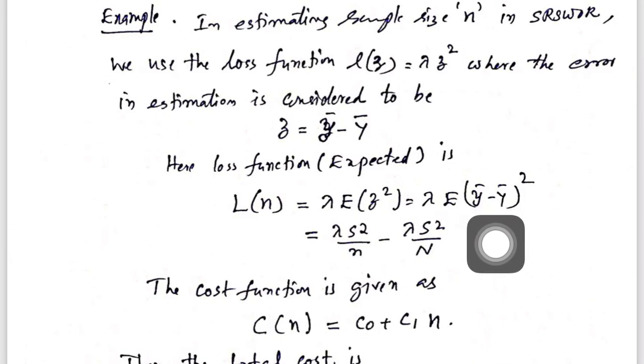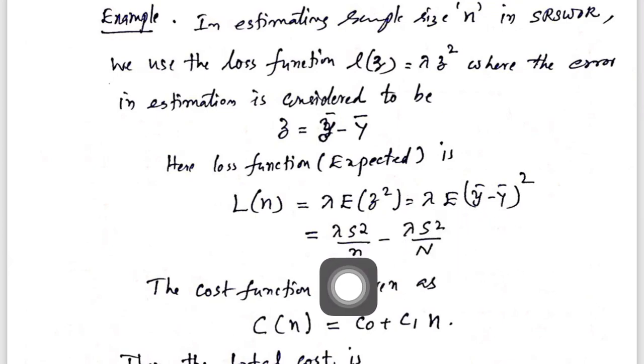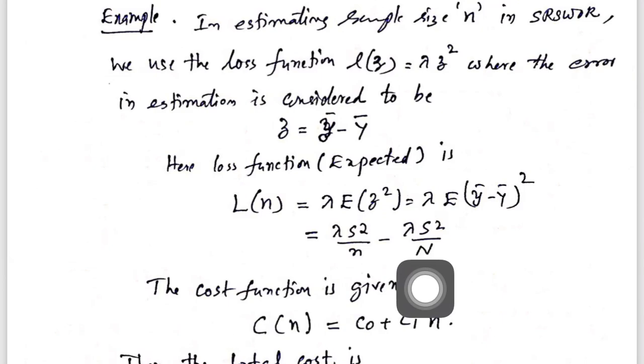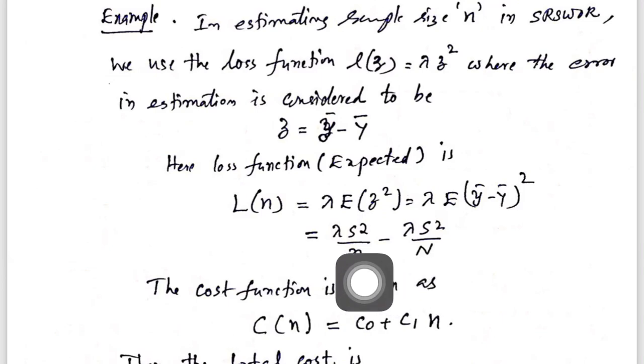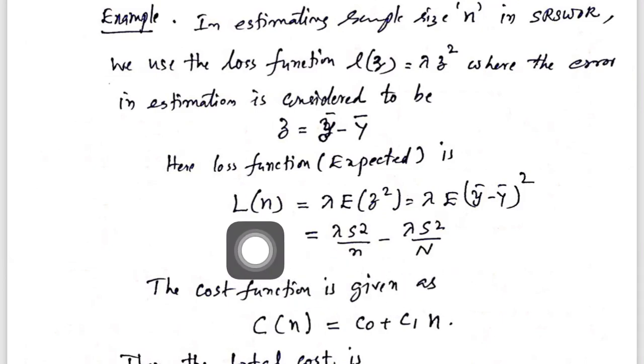We have discussed all these things earlier. So you multiply that variance with lambda, you will get lambda into (1 by n minus 1 by N) into S square, or splitting, you will get lambda into S square by n minus lambda into S square by capital N. Okay, so this is the expected loss function.